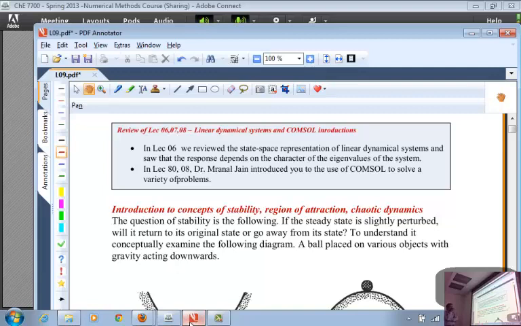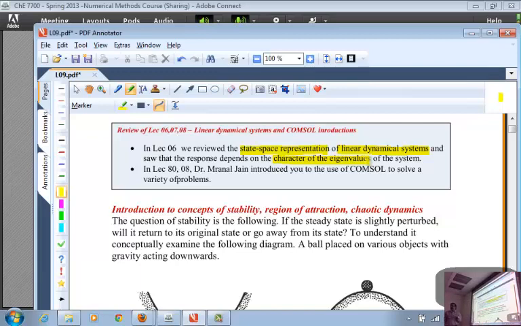So I guess about a week ago when I gave the last lecture, we looked at the state space representation. What does it mean for linear dynamical systems? Ordinary differential equations that are linear so that I can solve it analytically, and then depending on the character of the eigenvalues of the system, the response in what we call the state space can be different.